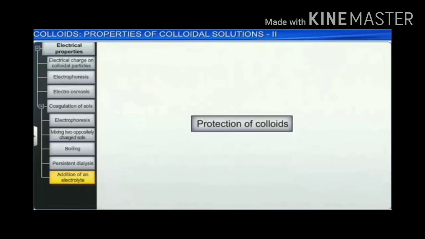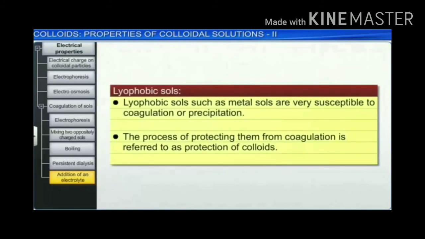Let us now discuss the protection of colloids. You already know that lyophobic sols, such as metal sols, are very susceptible to coagulation or precipitation. The process of protecting them from coagulation is referred to as protection of colloids.